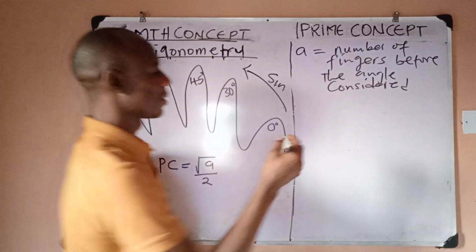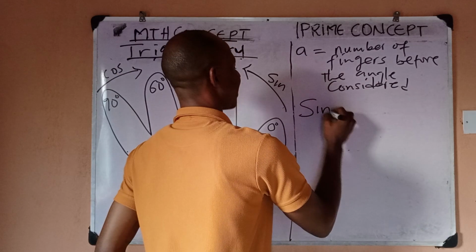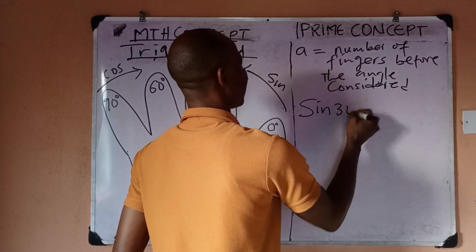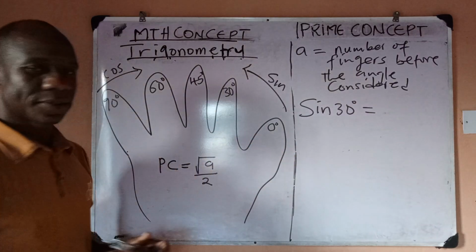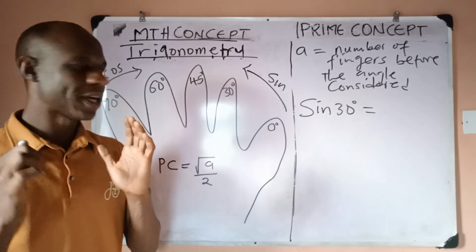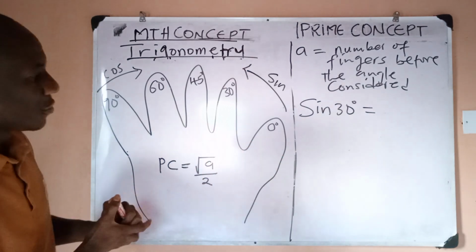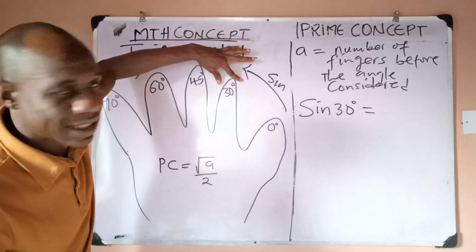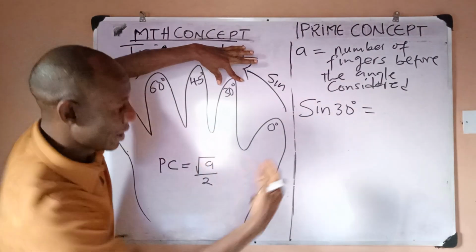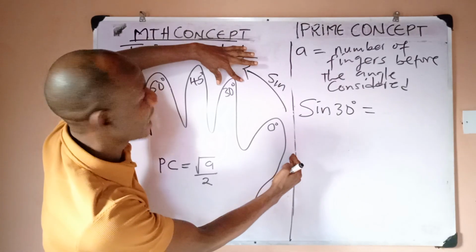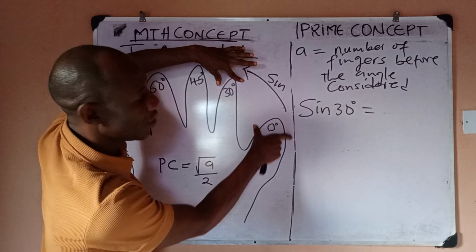For example, I want to find sine, let's say sine 30 degree from this finger. You would notice that when we want to find sine, we start counting from the 0 part. Now, before 30, let me pick 30. This is 30. I want to find sine 30. Starting from here, how many fingers do I have before 30? I have only 1 finger.